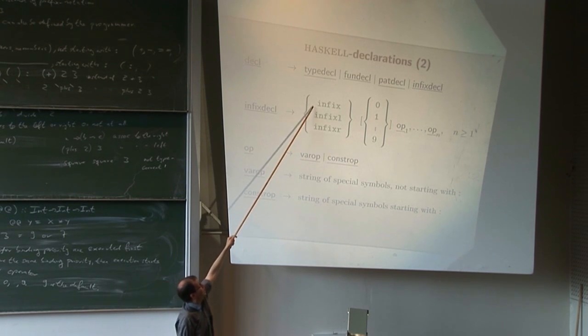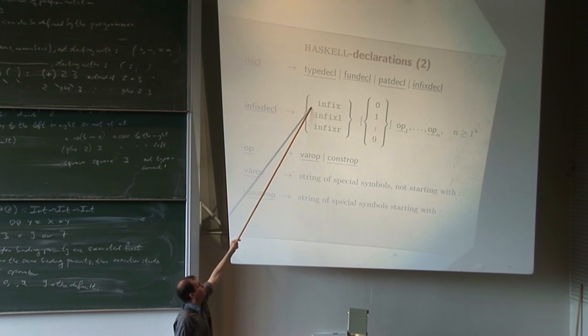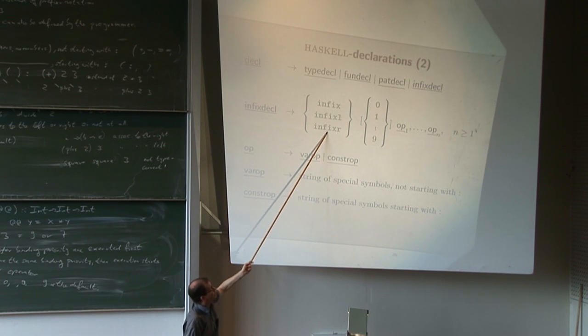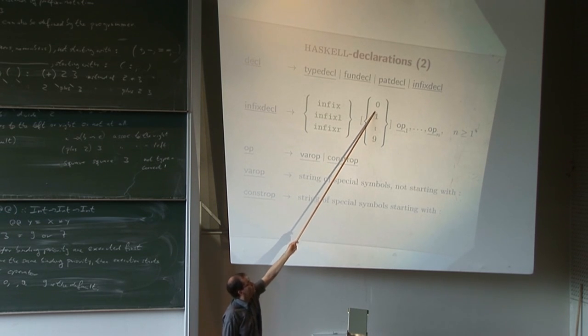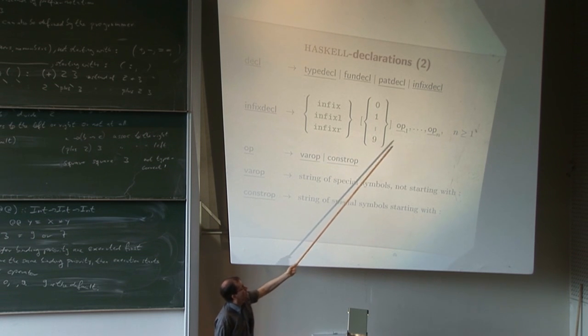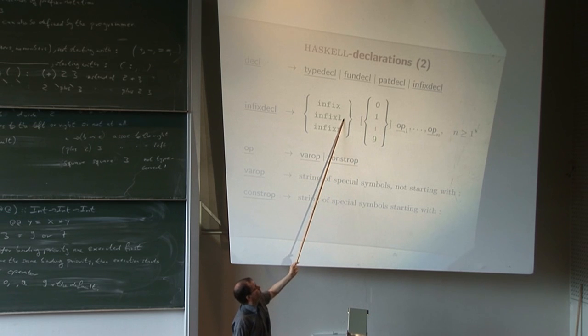This means you take any one of these. So instead of writing 3 rules, I just write 1 rule, and that means you either write infix or infixL or infixR. And then you have these, this means you can add this, but you don't have to. So if you like to, you can then write a number between 0 and 9, which gives you the binding priority. And then you say which operator should have this binding priority and this association.